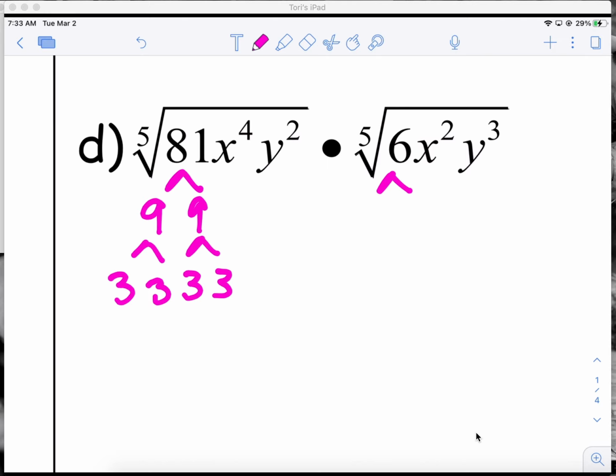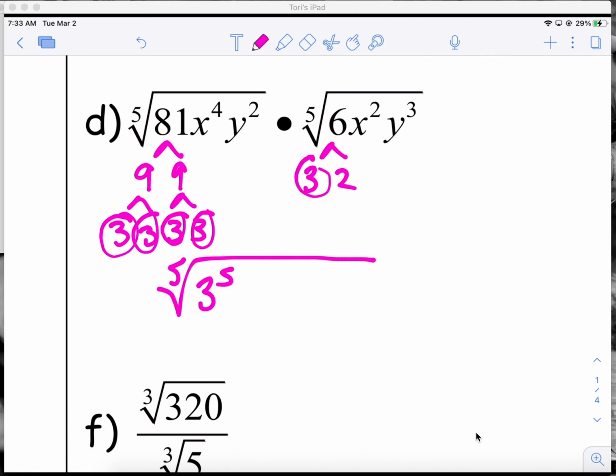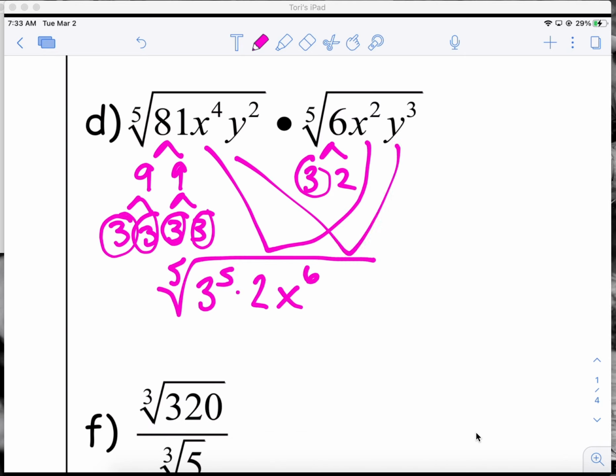And then for 6, I'm thinking 3 times 2, okay? So if I look in total for all of this, I'm thinking I have the 5th root of a 3 to the 5th, right? 1, 2, 3, 4, 5. I have a 2. I have a total, if I put the x's together, I have a total of 6 x's. And if I put all the y's together, I have a total of 5 y's. Okay, so that's me simplifying so I know everything that I have.